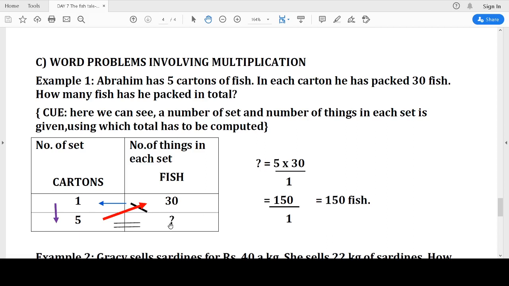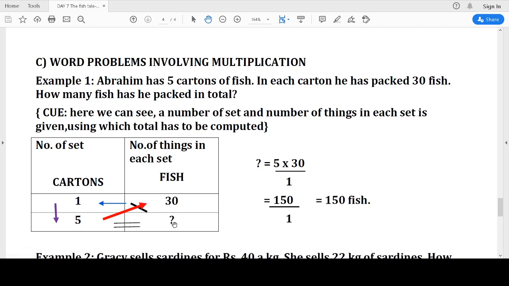Now, always remember, children, we will follow this pattern. Question mark, in the same row, go straight to the next column. Question mark is equal to 5. Then you have to cross it and multiply with this number, 5 into 30.